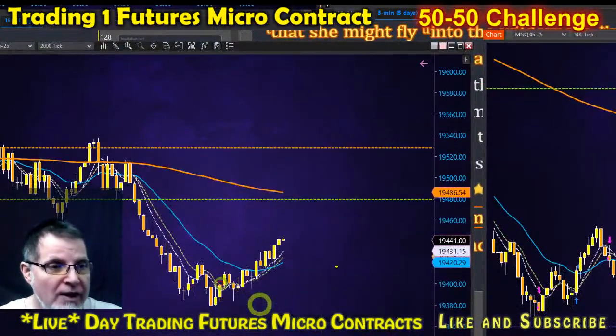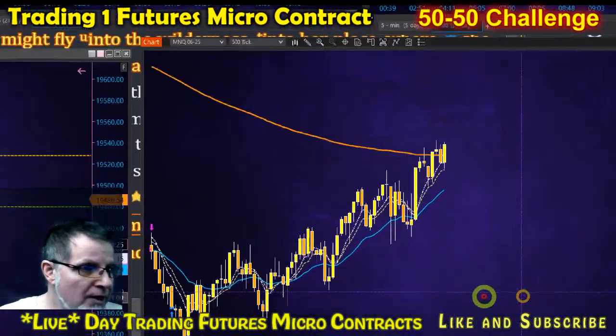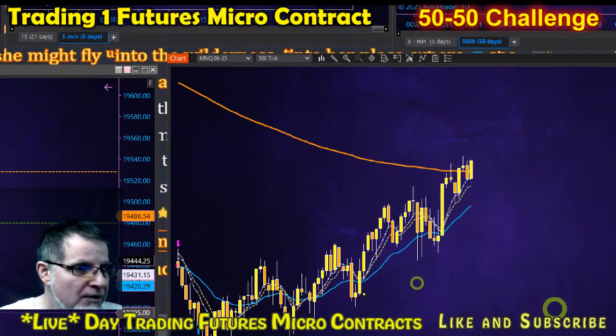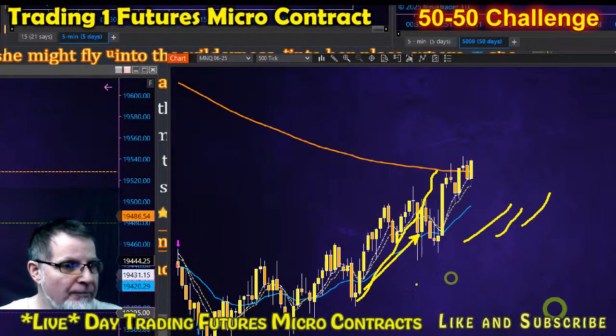I don't like shorting if price is starting to go above the moving averages. I want it to fall back below, like over here. I wouldn't want to short these trend line breaks. Like I wouldn't have taken that, because the moving averages are all pointed up.